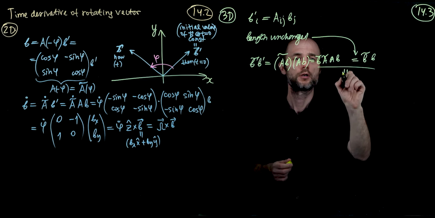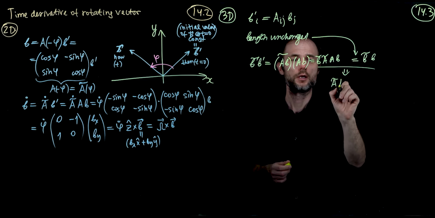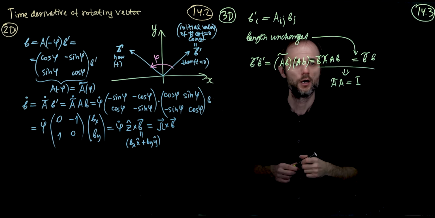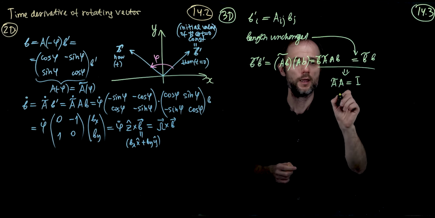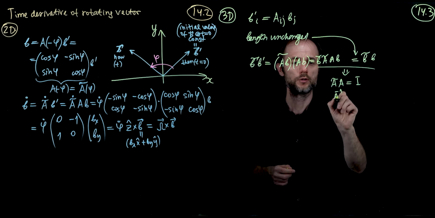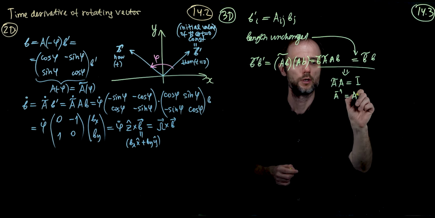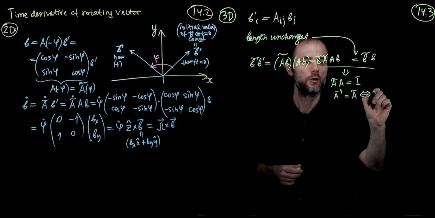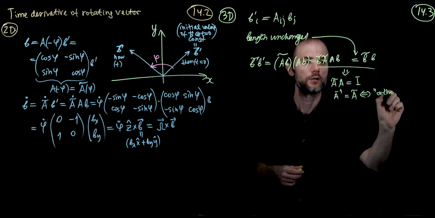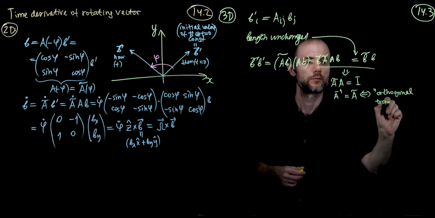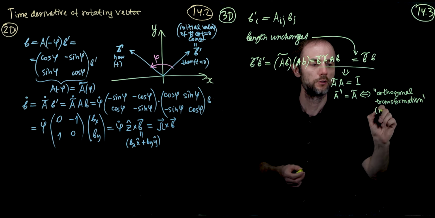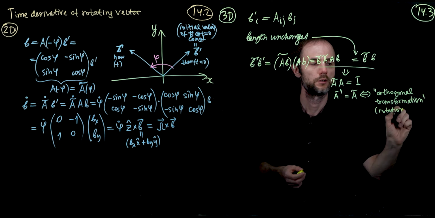From here we make the conclusion that a tilde times a is a unitary matrix. That means that a inverse is equal to a tilde, and this is, by definition, referred to as an orthogonal transformation. So it doesn't change length, so this includes rotations and reflections.